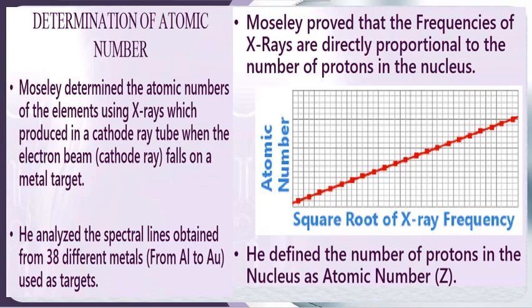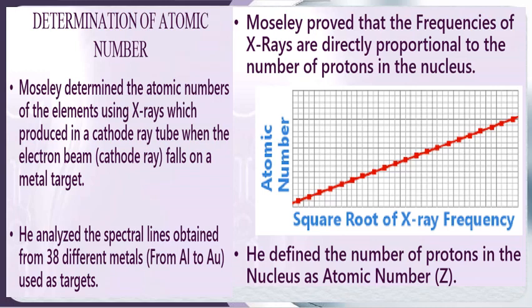The radiations coming out in the form of X-rays were passed through a prism to give a spectrum, which was a continuous spectrum. He found the spectra of 38 different metal elements, from aluminium to gold, Au, as the target. Means these metals were placed as an anode which was hit by the cathode rays, right? So different spectral lines were produced.